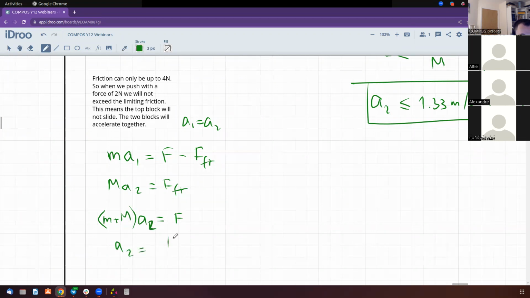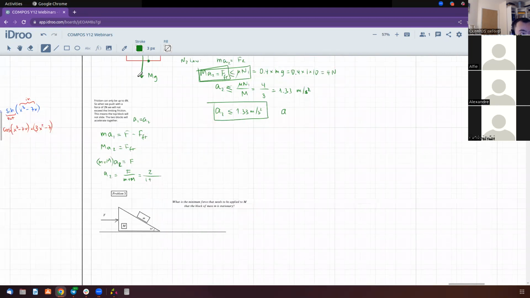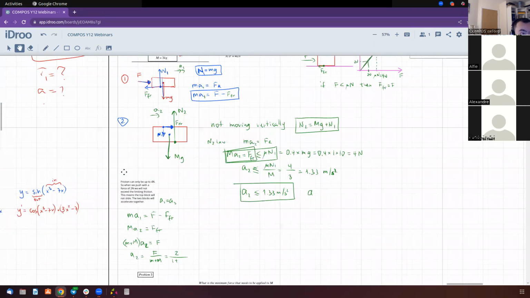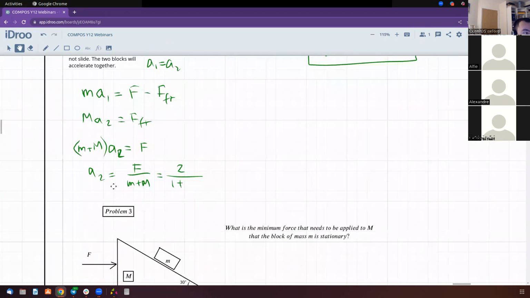is F divided by m plus m, which is 2 newtons divided by 1 plus, is it 3? 3, yes. 1 plus 3. This is 0.5 meters per second squared.